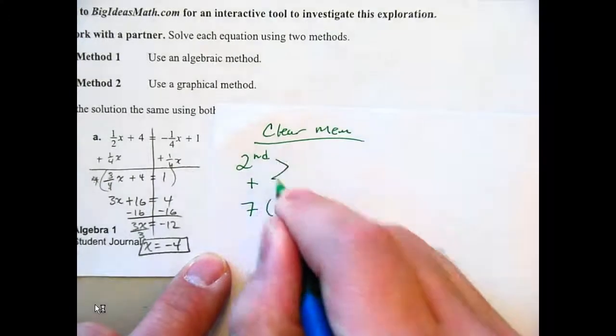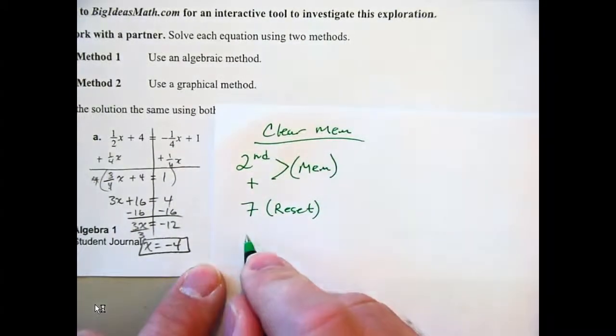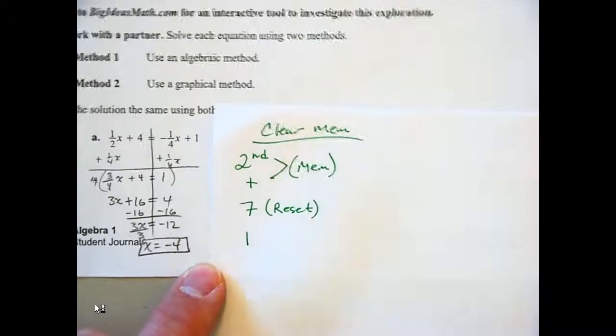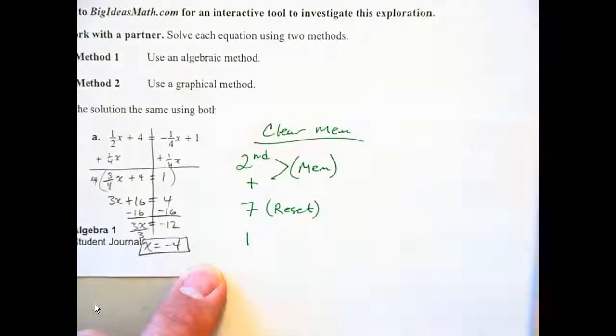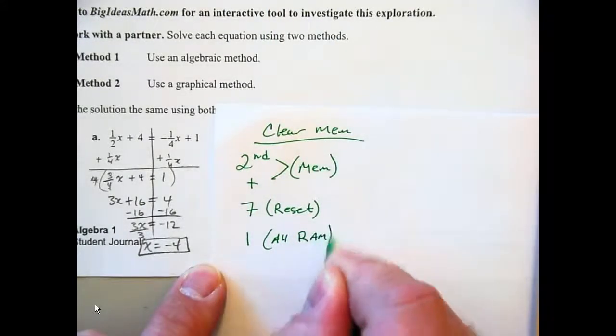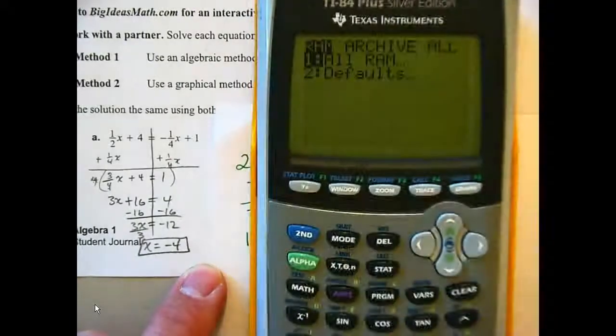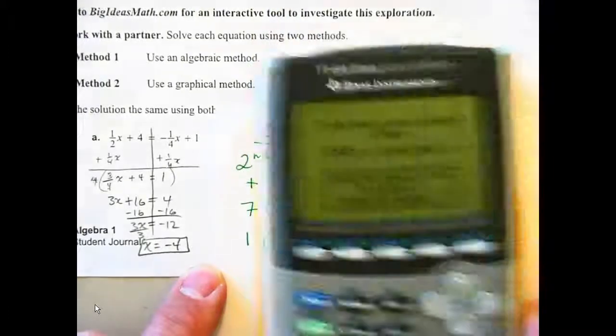And then 1, once you hit reset, so option 7, and then 1 is all RAM. And then 2, which is reset. And then it gives you your display.